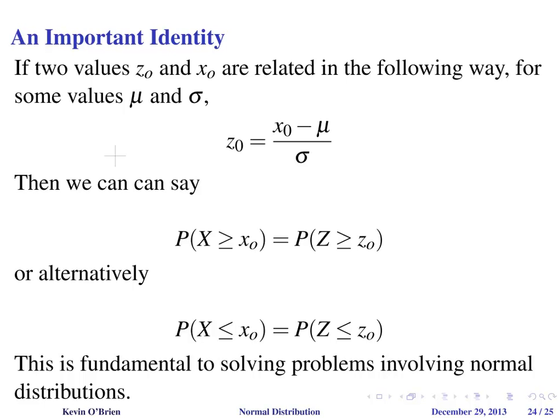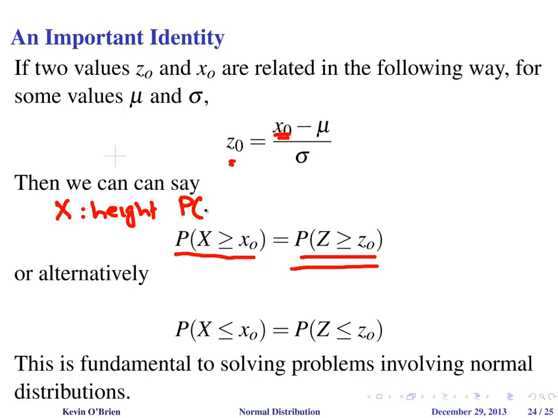Now, if two values Z0 and X0 are related in the following way for some values mu and sigma, essentially Z0 is the Z-score of X0. Then we can say the probability of X being greater than X0 is equal to the probability of Z being greater than or equal to Z0. Say X is height.